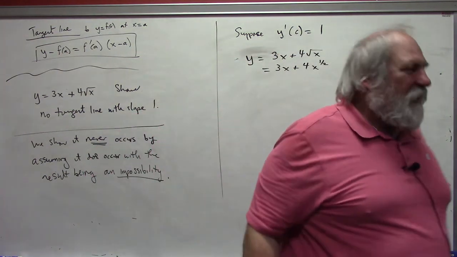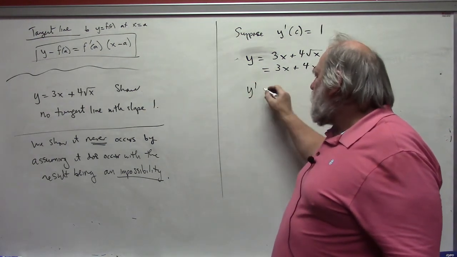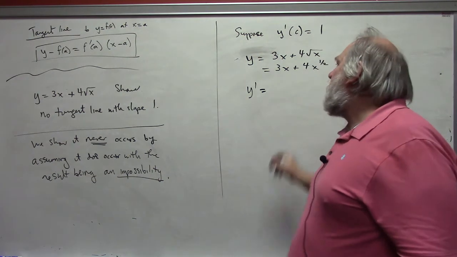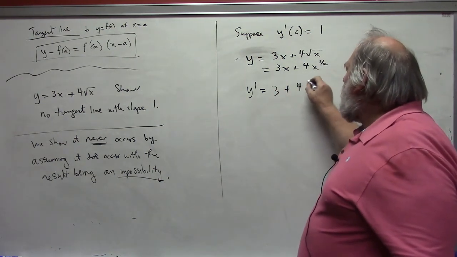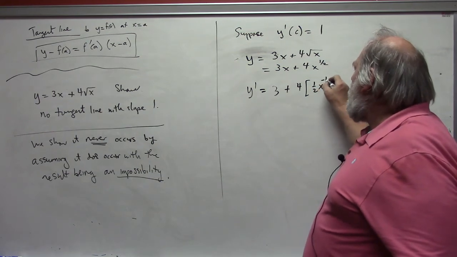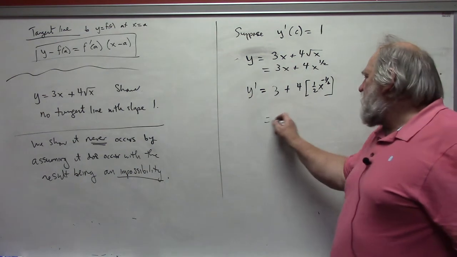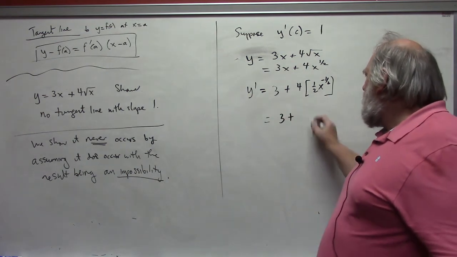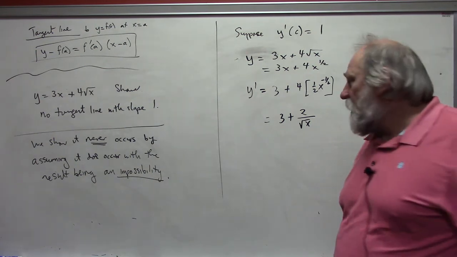And now my derivative is 3 plus 4 times 1/2 x to the negative 1/2, using my derivative rules, which becomes 3 plus 2 over the square root of x.